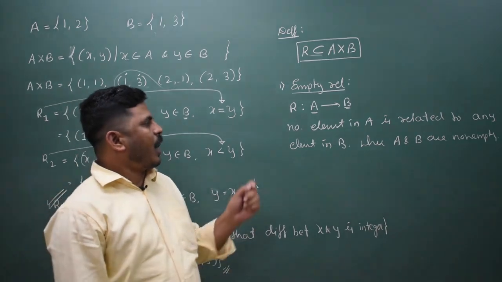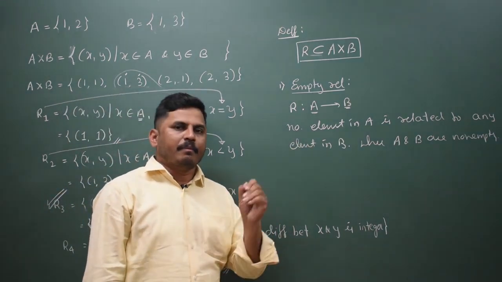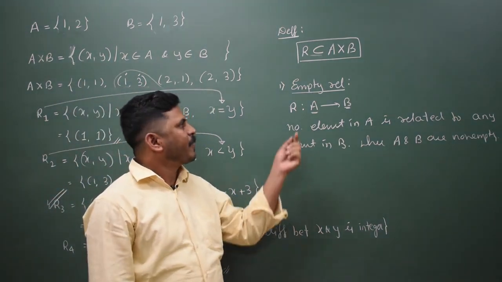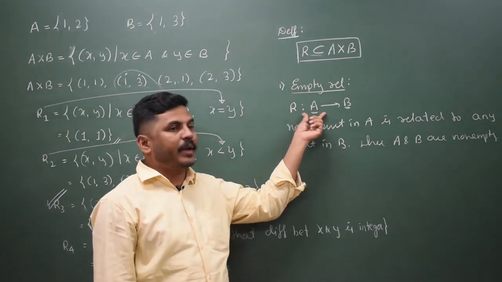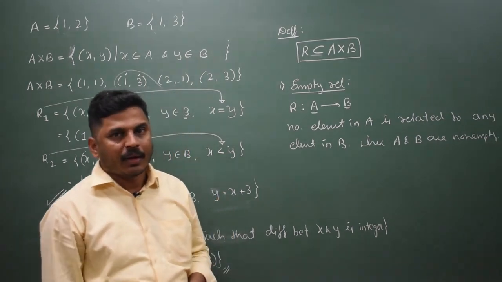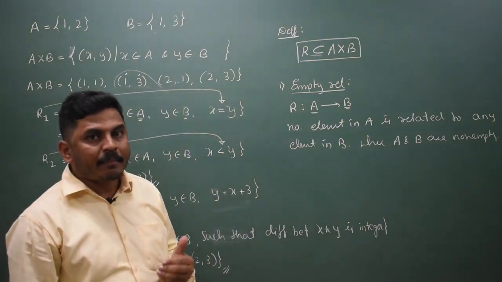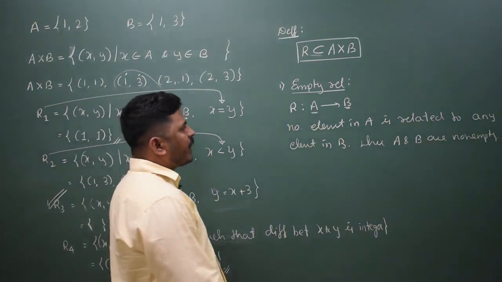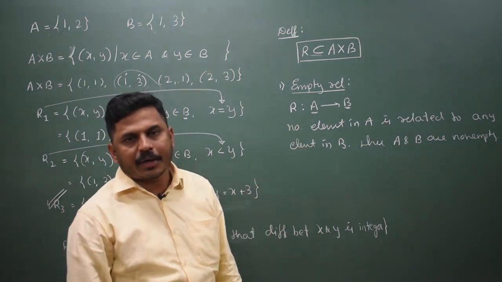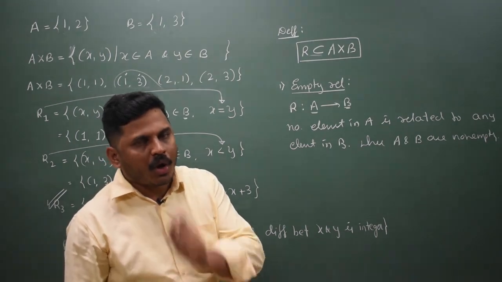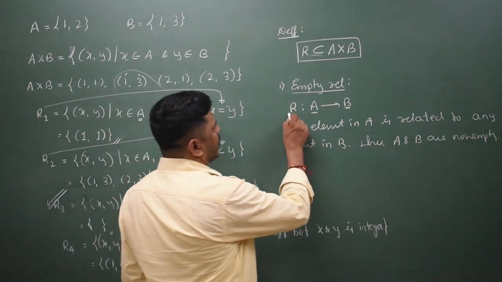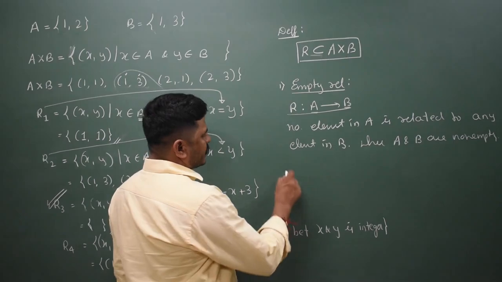But if A is non-empty, B is non-empty, and R is such that no element of A is related to any element of B, then this is an empty relation. That is very important.